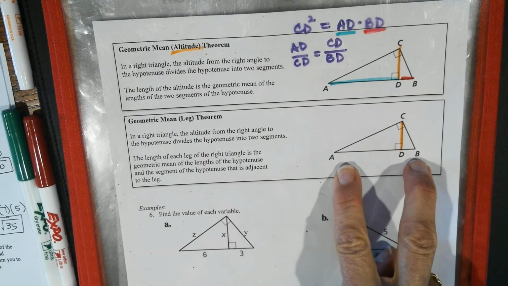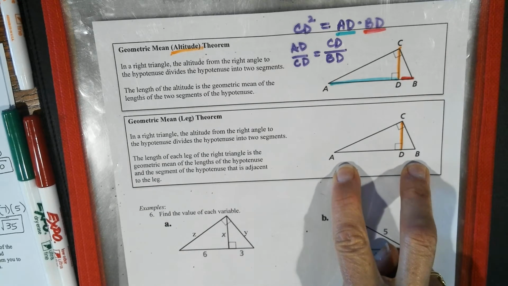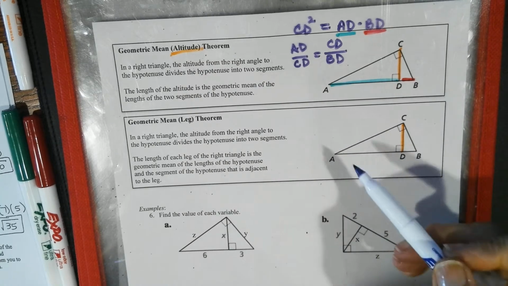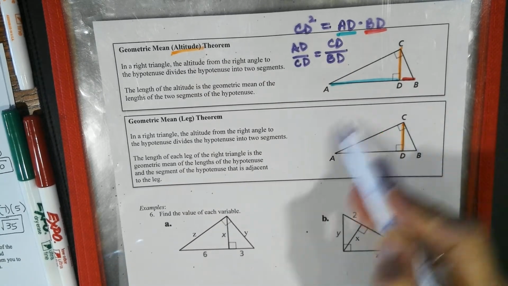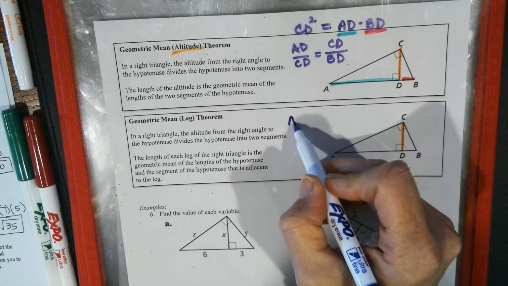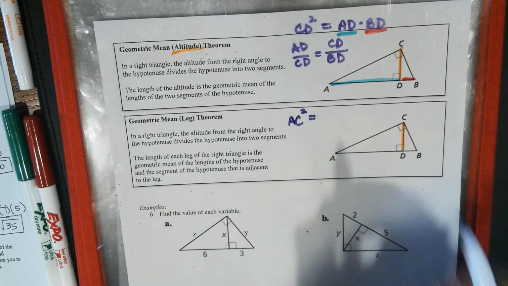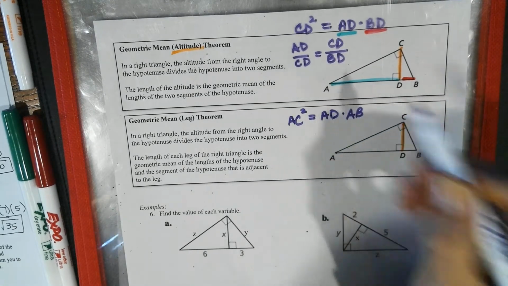The length of each leg of the right triangle is the geometric mean of the lengths of the hypotenuse and the segment of the hypotenuse that's adjacent. So let me clarify that for you. It's talking about this leg, AC. That's the leg of the big triangle.